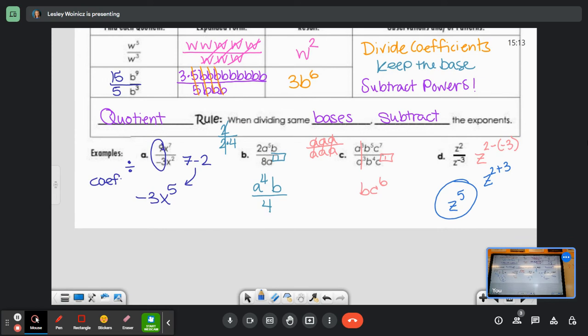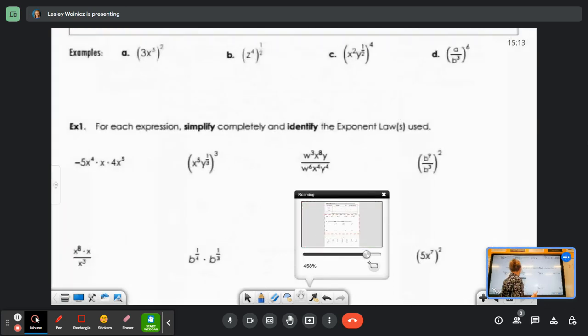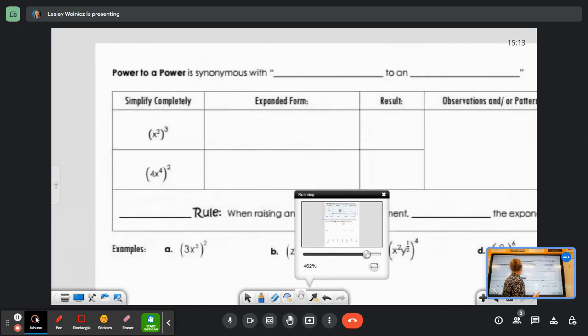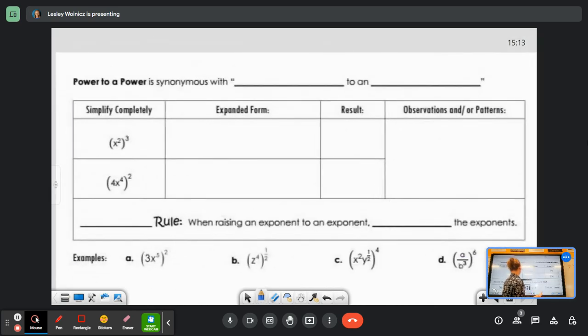All right. We did product, we did quotient. It's time for the power rule. I have the power. Any fans of He-Man? Yes. Okay. What do we know is synonymous with power?